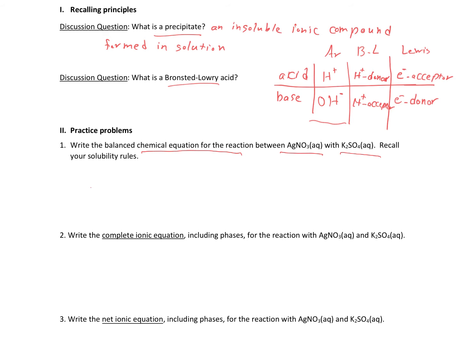Okay, so we have silver nitrate, aqueous, plus potassium sulfate, aqueous. What products do we make? So we know they swap the partners, right? So the cation from the first one goes with the anion of the second one, okay? And the cation from the second one goes with the anion of the first one.